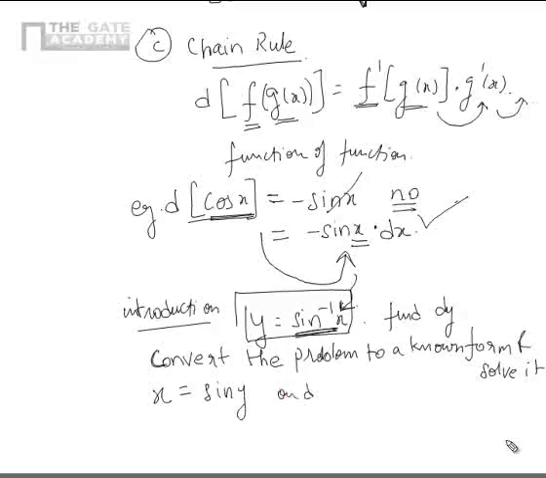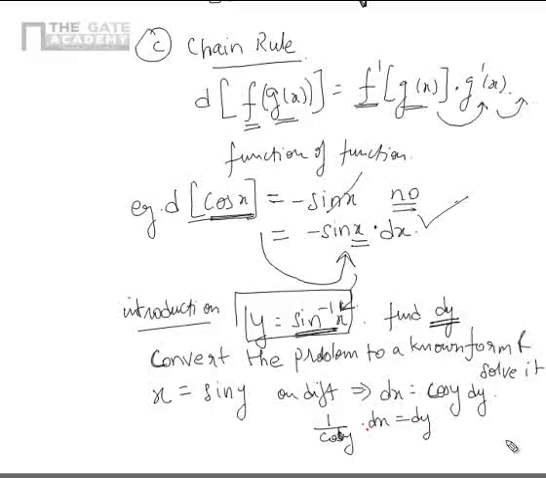On differentiation, what do we get? dx is equal to cos y dy. Now I need to find dy. What is dy? dy is 1 by cos y dx.